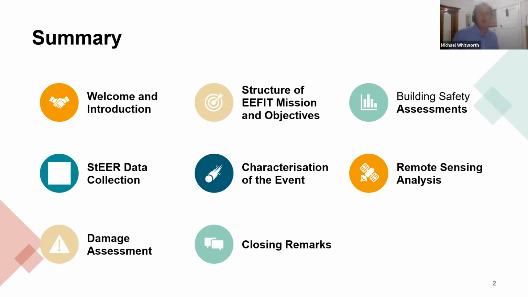That then feeds in to handing over to Tracy from Steer, who will be covering the background of the data collection, which formed quite a heavy basis of our remote mission. Camilla and Mobin will then cover the characterization of the event, with Matab and Valentina covering some remote sensing analysis, and then handing over to Luigi, who will introduce the team who led a large package of the work undertaking the damage assessments based on the Steer data collected. And then I will draw it together for some concluding remarks.